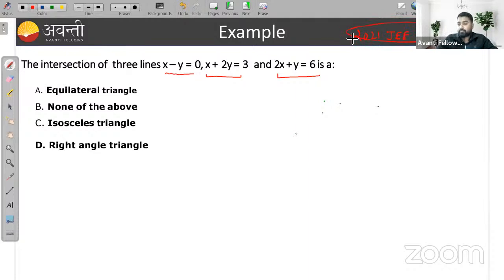Very easy question. If we solve these 2 equations first, we'll get a point of intersection. And if we solve these 2 equations, we'll get another point of intersection. Then if we solve these 2 equations, we'll get a third point of intersection. So let's solve this question.